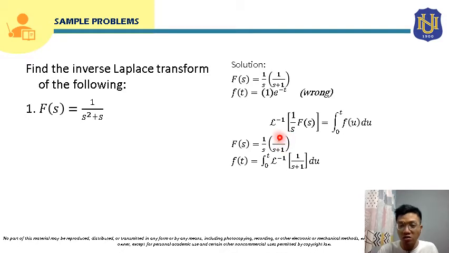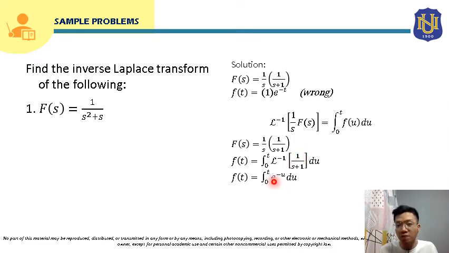We will solve for its inverse Laplace transform, expressed in u, and we will integrate this with respect to u. The inverse Laplace transform of 1 over s plus 1 is e raised to at, but instead of t we will use u.